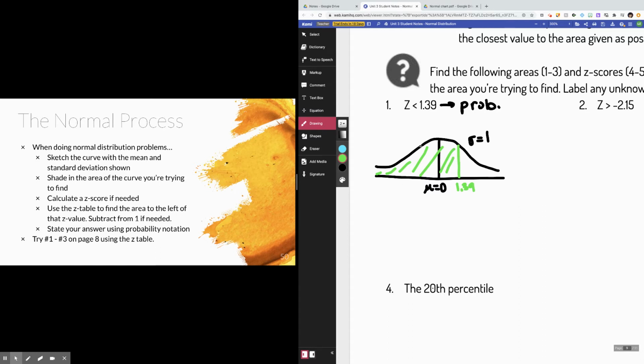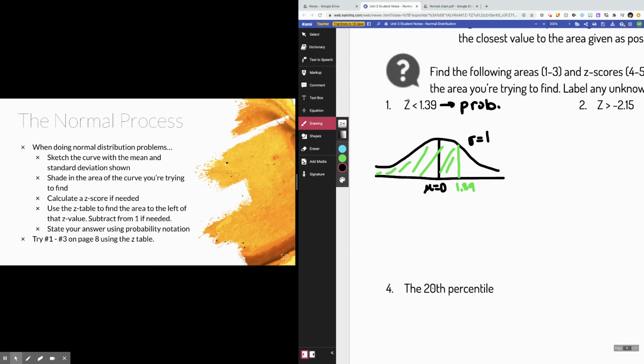The reason that we do the sketch is so that the AP readers, when they look at this, even if you calculated incorrectly, know that you know what area you're looking for and how to find it. So you can get a lot of partial points that way, even if you mess the calculation up. Next step is usually to calculate a z-score.